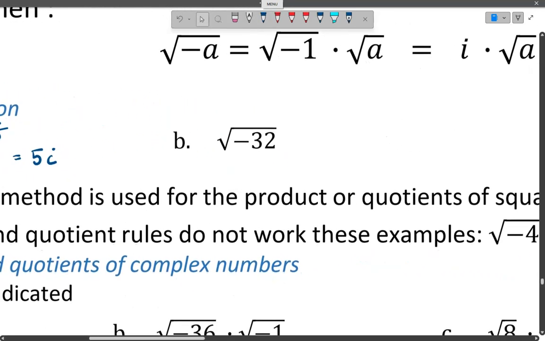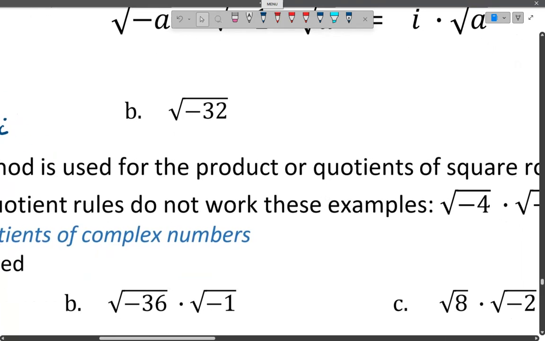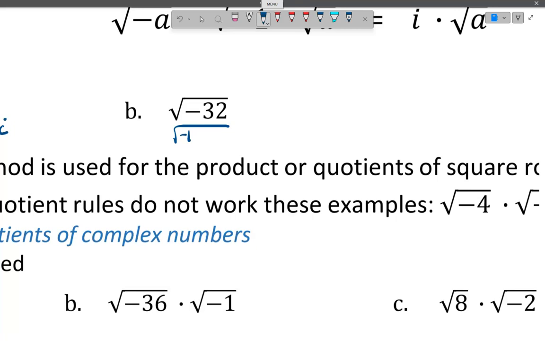Okay. So with B, I can automatically pull out the -1, but is 32 a perfect square? No. We need to split it more. Largest perfect square factor of 32? 16. So we've got 16 and 2.